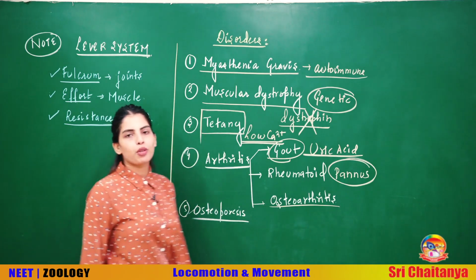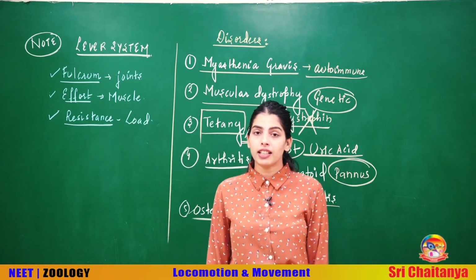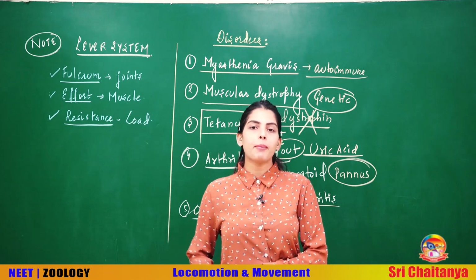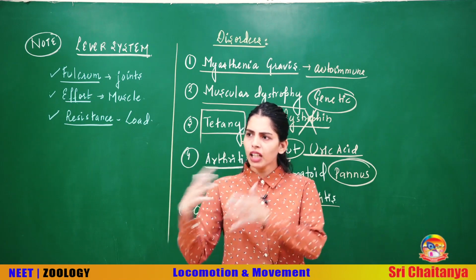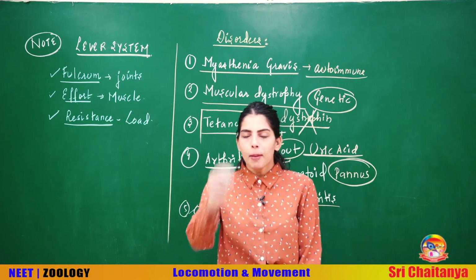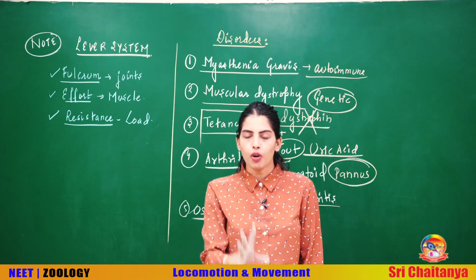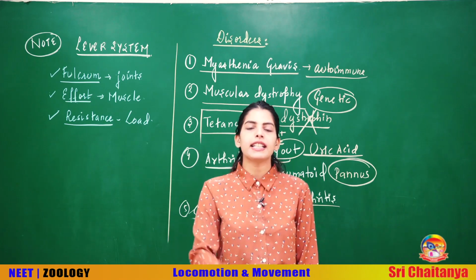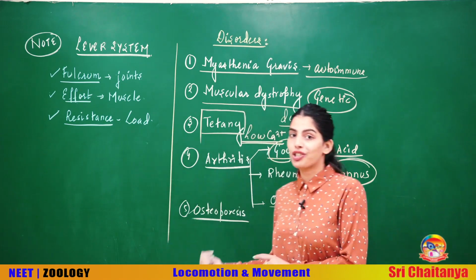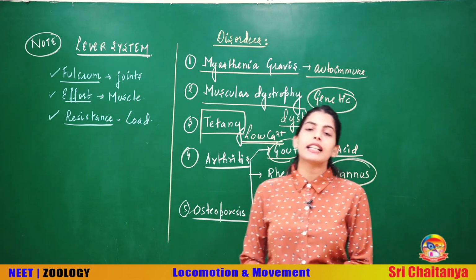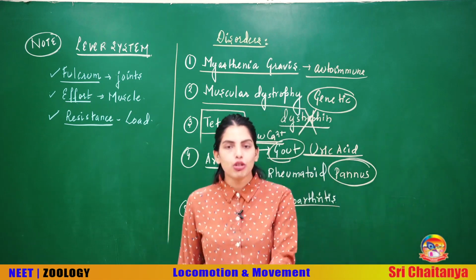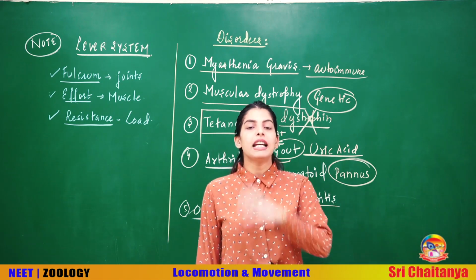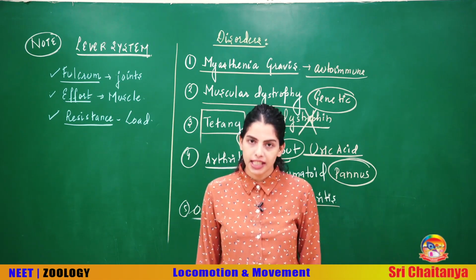Talking about osteoporosis, that is the age-related disorder. With age, what happens? Maybe due to an imbalance in the hormones, like calcitonin or parathormone, pores are created in the bone, and those pores created in the bones are called osteoporosis. Also, it is more commonly seen in females, because even estrogen has a very important role in maintaining calcium homeostasis.